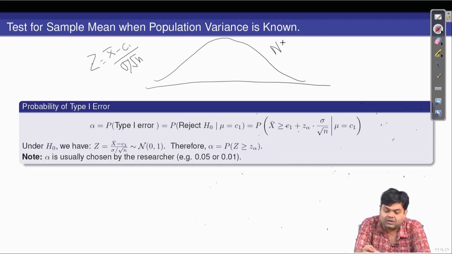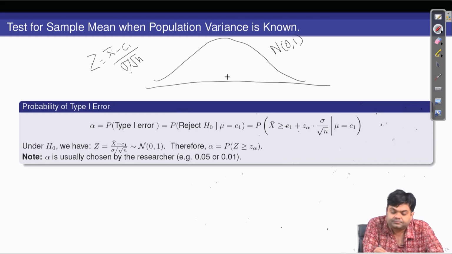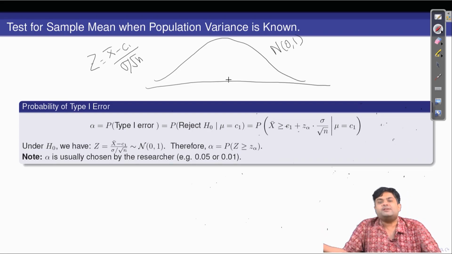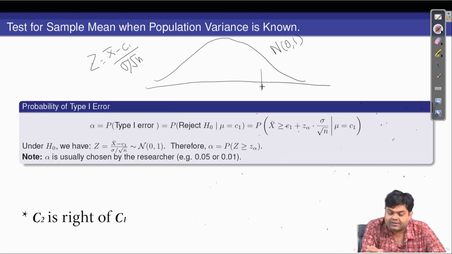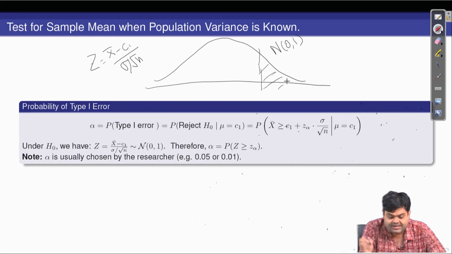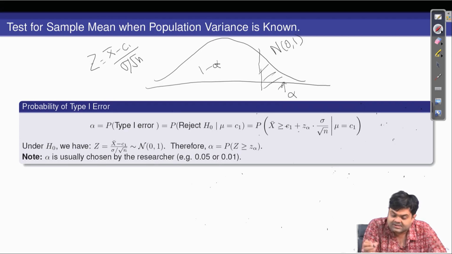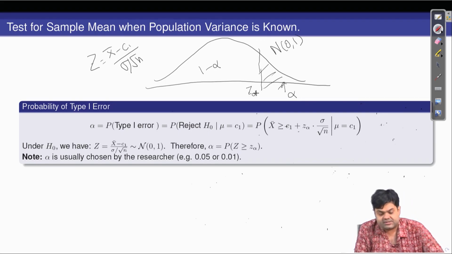Because C2 is left of C1, the rejection region has to be on the right. Suppose this is your rejection region, and you want the type 1 error to be alpha. You reject H0 when mu equals C1, so this probability has to be alpha, and this probability has to be 1 minus alpha. This is the point Z alpha, which can be calculated from the normal distribution table.